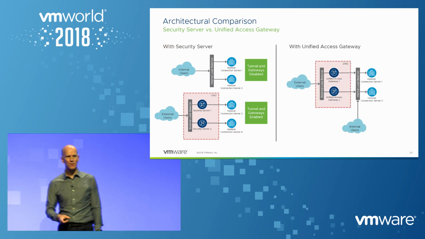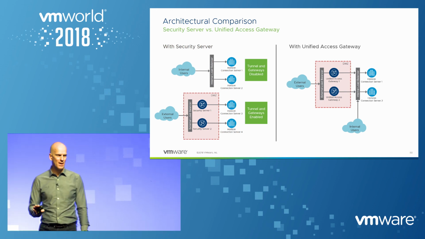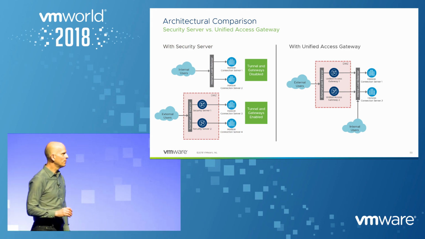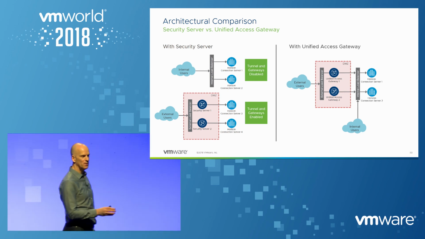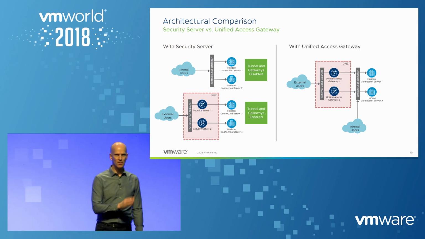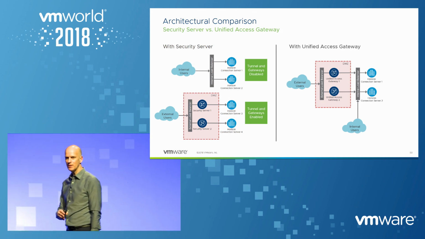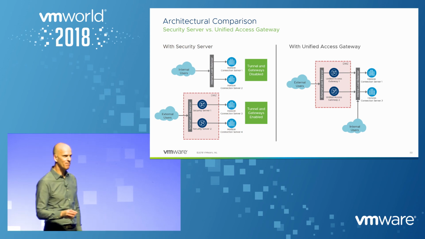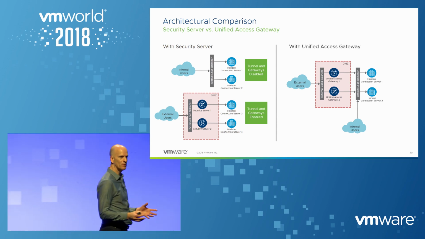What we look then with Unified Access Gateway is there's no one-to-one tunneling, there's no kind of pairing up, so we can have one common set of connection servers, and we can point our internal users at the load balancer in front of those connection servers, and then we can have one group of Unified Access Gateways, and they point at that same namespace. So my connection servers will handle either internal or external traffic.